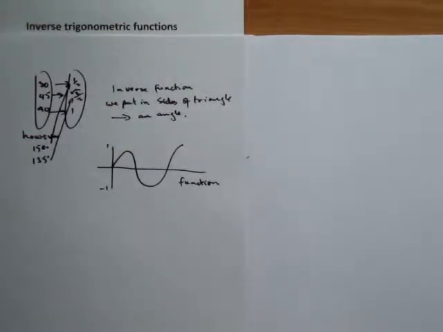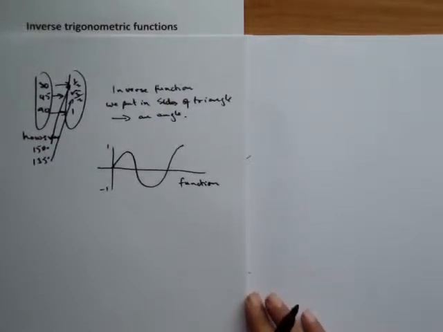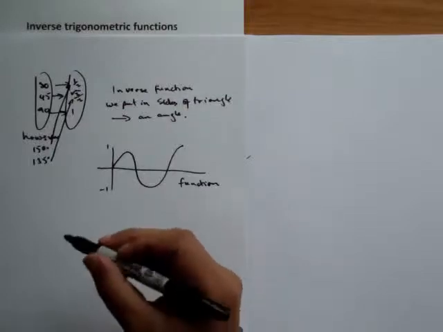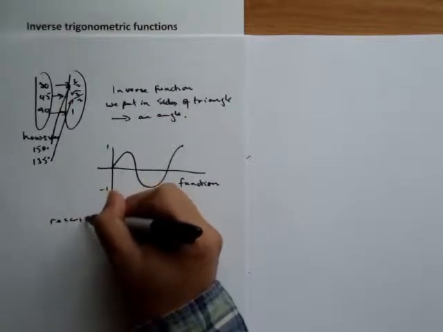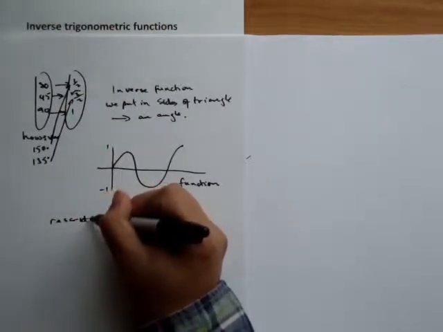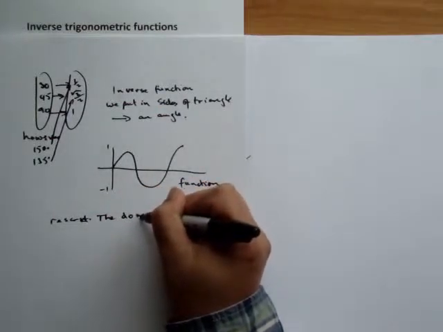So how do we keep inverse trigonometric functions as functions? We do this by restricting the domain.